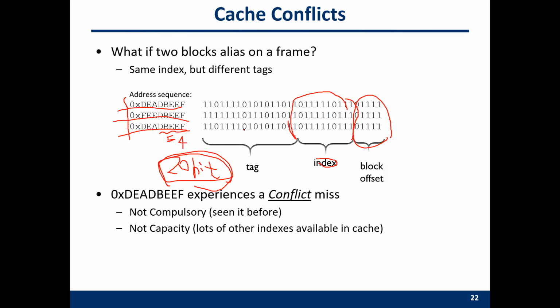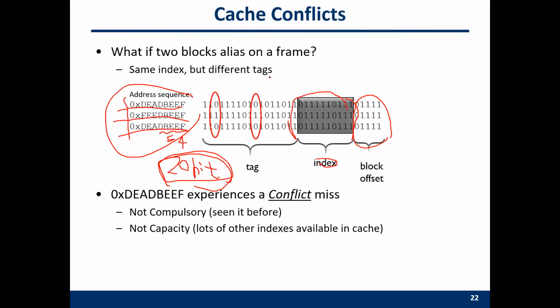We have enough capacity, but because of the conflict, we cannot simultaneously hold these 3 pieces of data in the cache. So in some sense, we hope that we can combine the direct mapped cache and the fully associative cache.